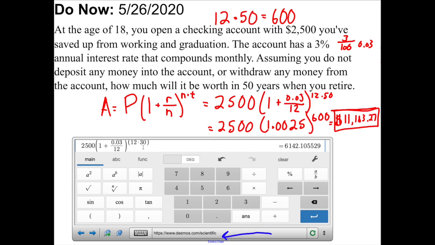Think about what your earnings potential is when you start saving at a young age. And so this is why people say starting saving for retirement at a young age, 18, is one of the smartest things you can do. Now you're going to say, Mr. Murray, why would I waste my time saving for retirement at such a young age? I'm not anywhere near retired. And the reason is because of exponential growth.